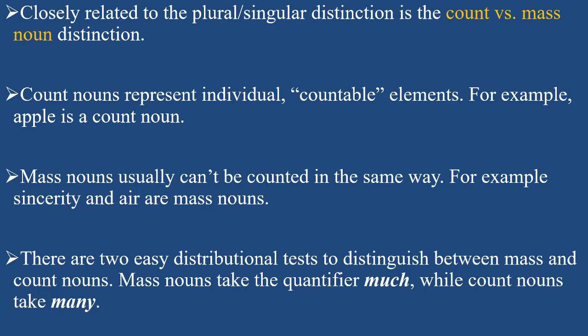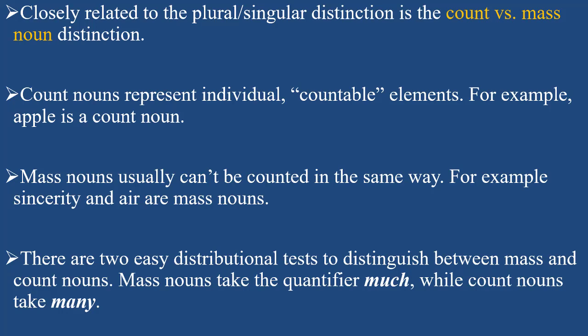Mass nouns usually can't be counted. For example, sincerity and air are mass nouns. We say sincerity, but you don't say sincerities or airs. So we don't form the plural for mass nouns.